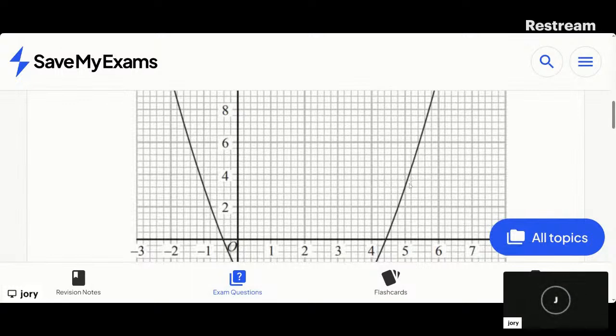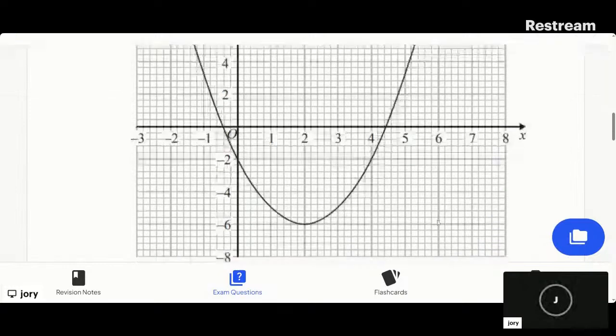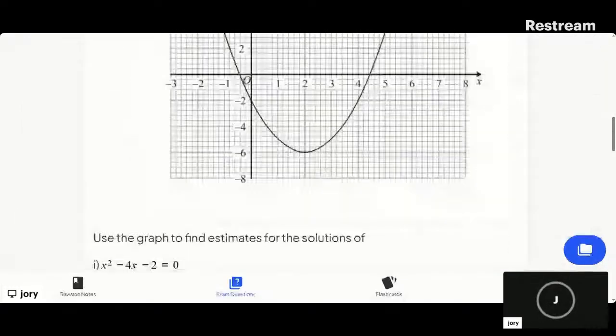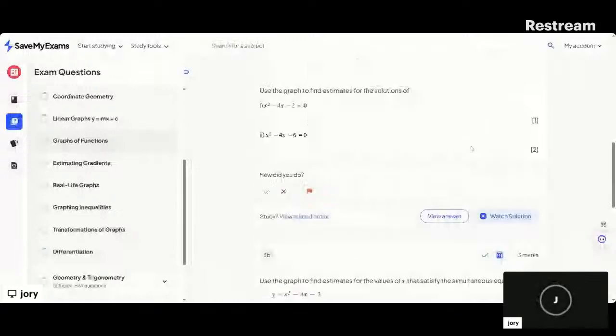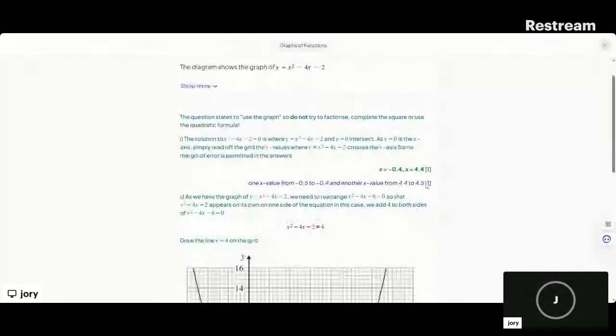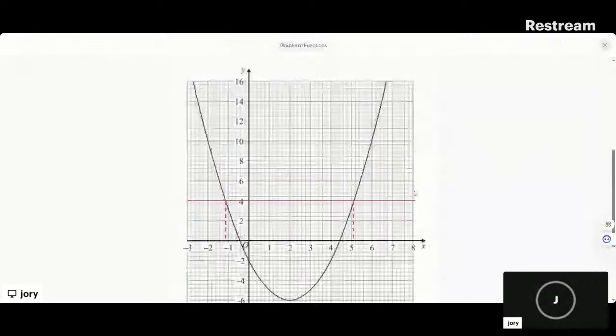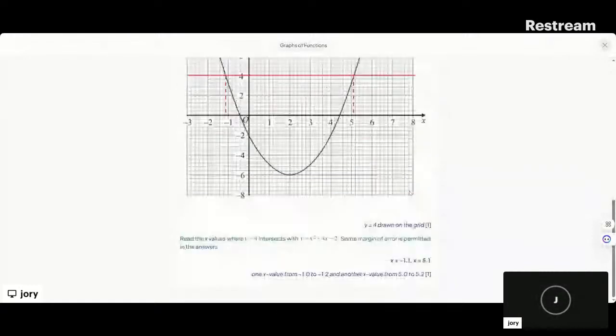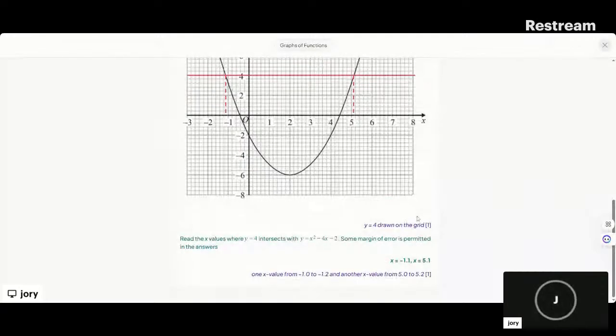I think it's supposed to be 0.2, not points, just because I'm not re-graphing this. Okay. View the answer. It's negative 4 and 4.4. Okay, so you just read the graph properly. Okay, I read the graph properly.